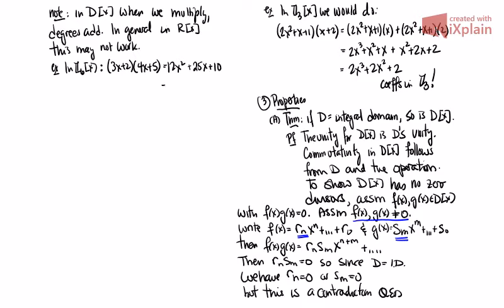Sorry, I did bad math in there; that should be a 23. When we reduce these coefficients mod 6, we get 0x squared, we get 5x, and we get 4. So the degrees did not add. So in a generic polynomial ring, that may not happen.